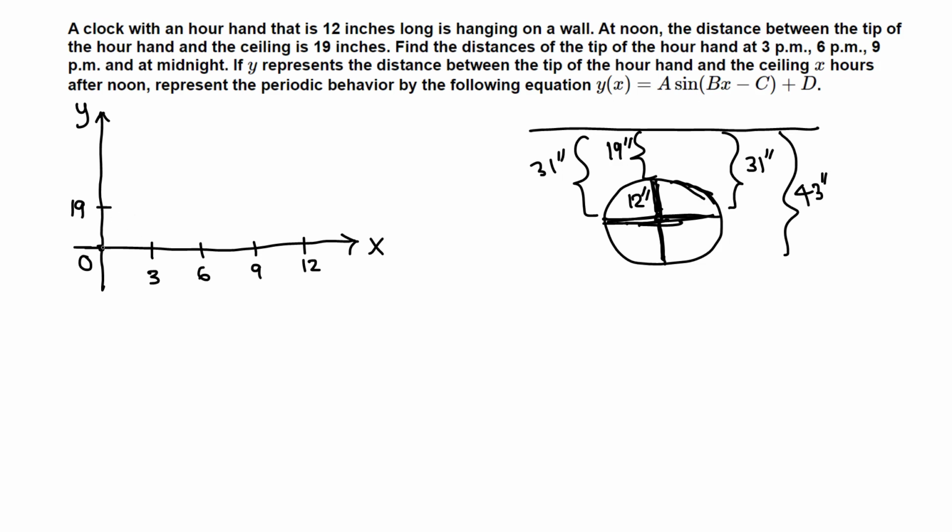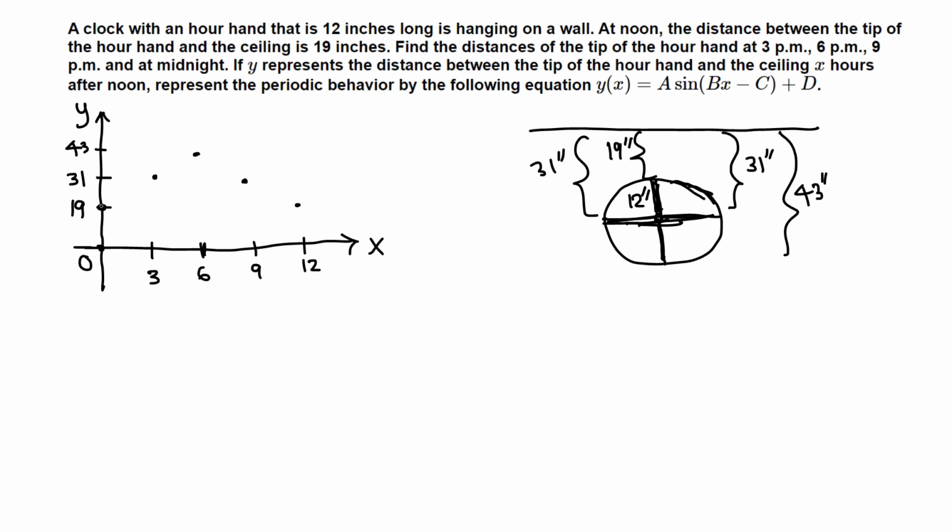At noon, that's 19. At 3, we got 31. At 6, that's 43. Then back to 9 p.m., that's 31, and midnight back to 19.